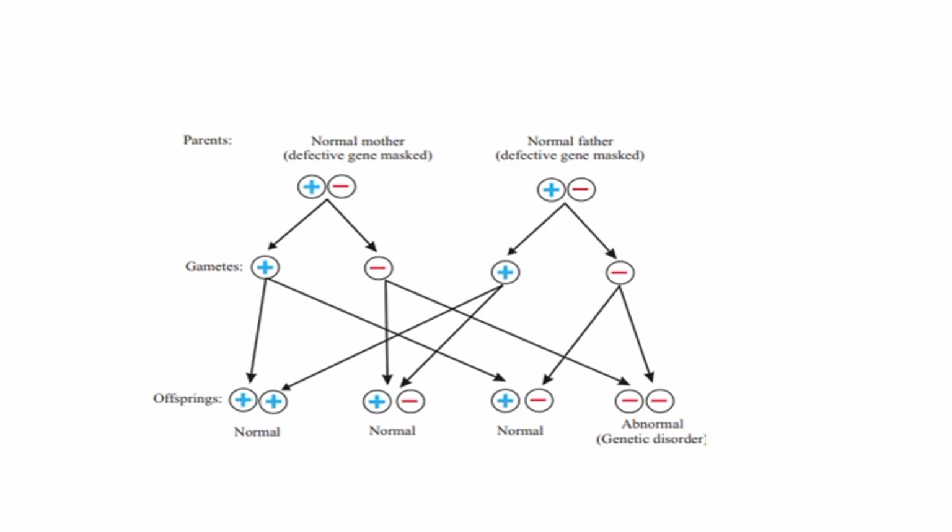So each parent produces 2 types of gametes, one plus and one minus. When the gametes combine, there are 4 possible offspring genotypes: plus plus, normal; plus minus, normal but carrier; plus minus, normal but carrier; and minus minus, abnormal or having the genetic disorder.